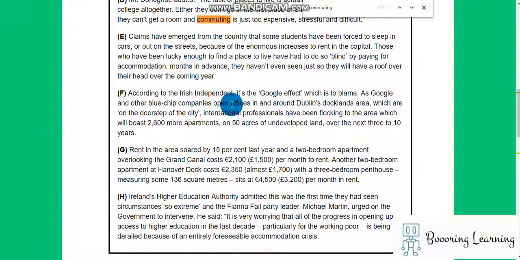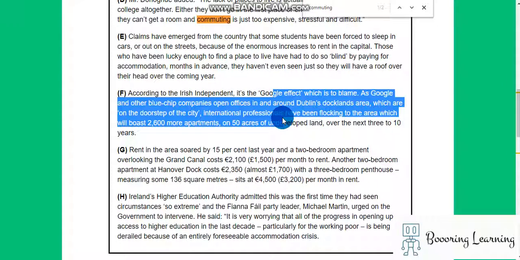According to the Irish Independent, it is the Google effect which is to blame, as Google and other blue chip companies open offices in and around Dublin's area, which are on the doorstep of the city. International professionals have been flocking to the area, which will boost 2,600 more apartments.